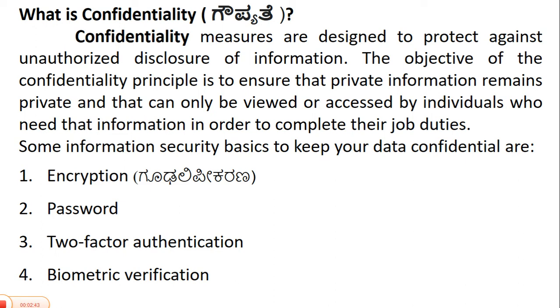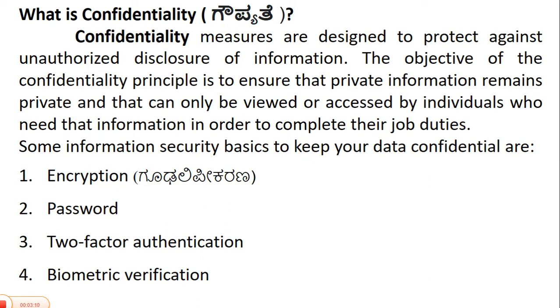Here what happens is that not all persons are able to access all the information. Only the authorized persons who have permission can access the information. The rest of the people cannot access that information. By that we can maintain our records confidentially.